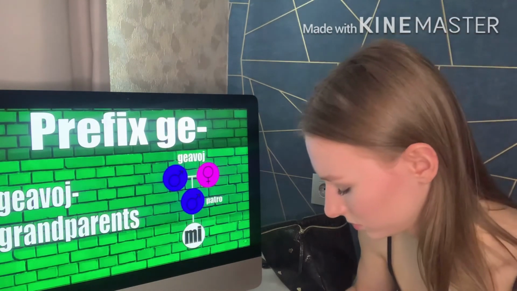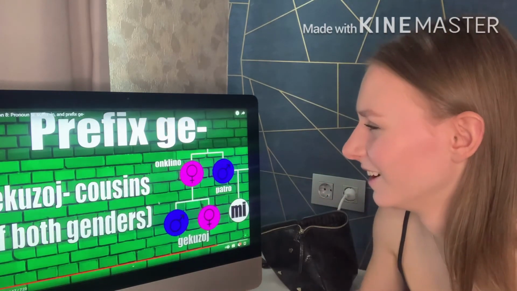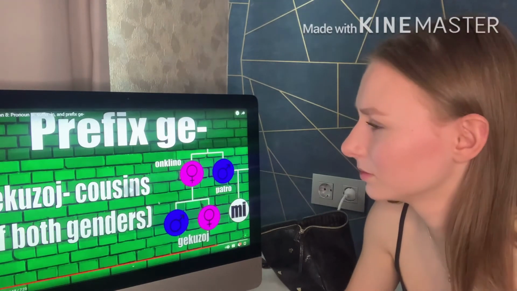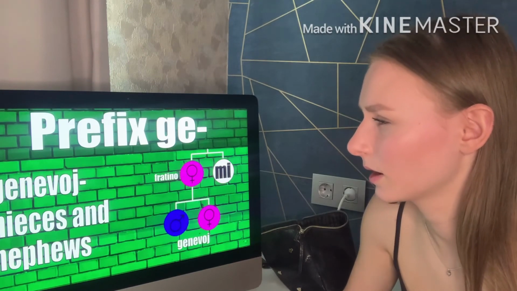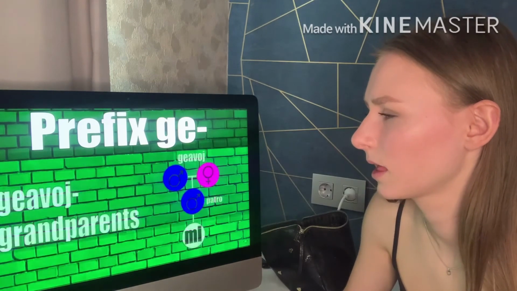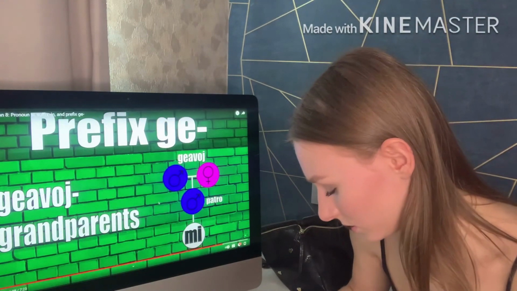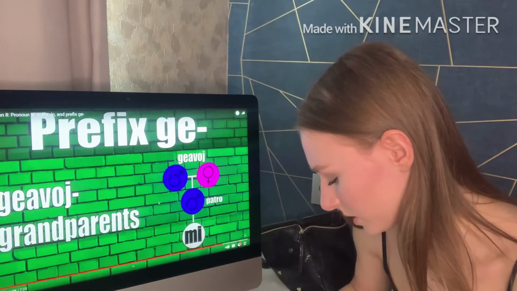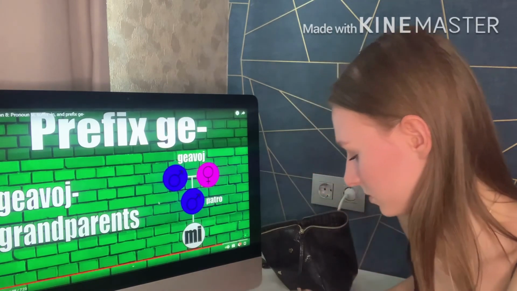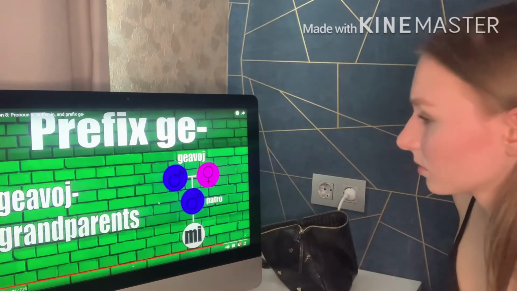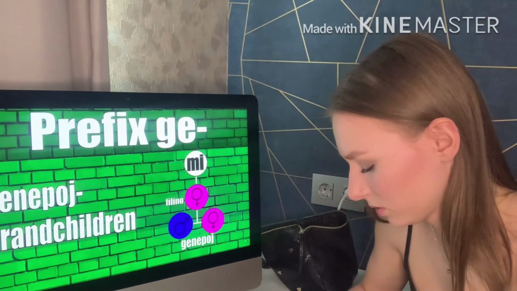Geavoj means grandparents. And genepoj means grandchildren.